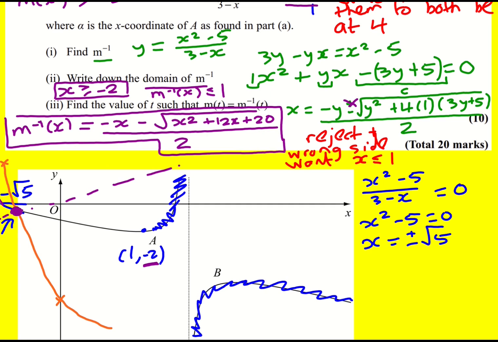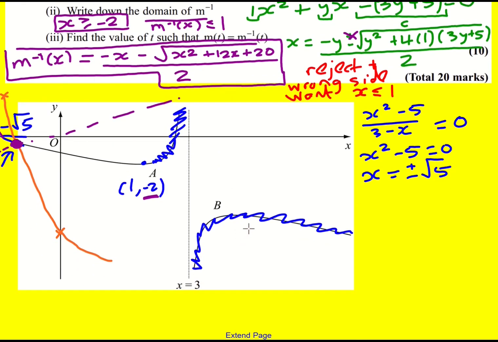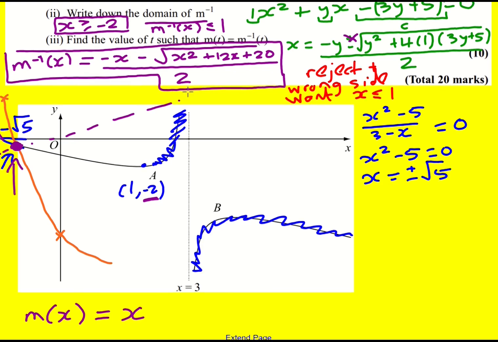Now, what you do not want to do or go anywhere near is trying to set your inverse equal to your original function. That will be an absolute disaster. Instead, we use the fact that they cross each other at y equals x and set m of x equal to x. You could also do the inverse, but the inverse is looking much more complicated.